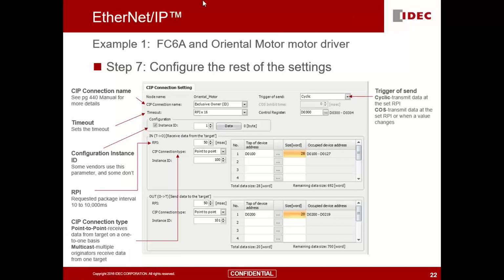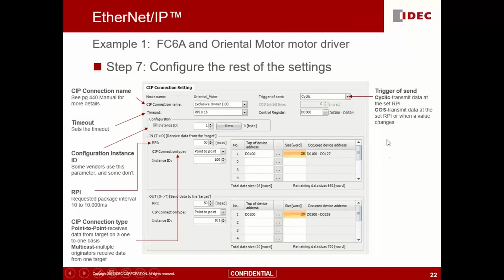So you fill that in. Trigger of send: there are two ways to send data. It's cyclic, meaning that it transmits data at the set RPI. So if I select cyclic and I have RPI at 50, then at every 50 milliseconds, data will be sent to the target or vice versa.